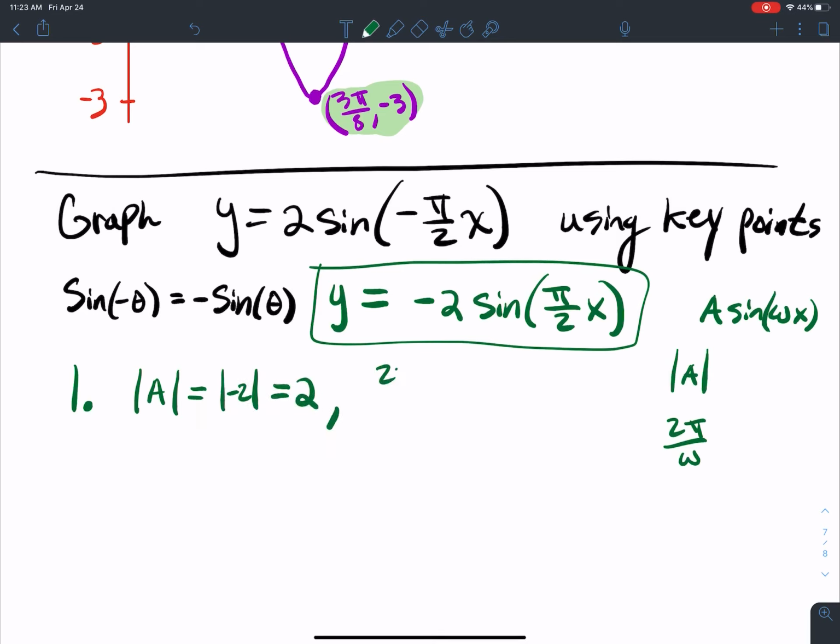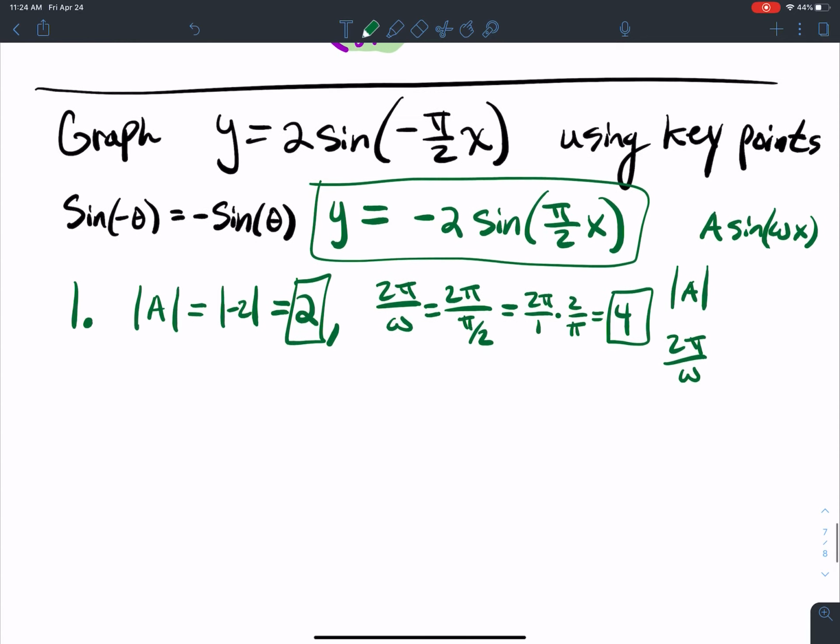And then 2 pi over omega is 2 pi over pi over 2. So this is equal to 2 pi over 1 times 2 over pi, which is 4. Okay, so my period is 4, my amplitude is 2.